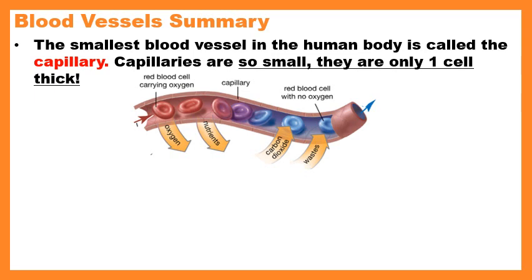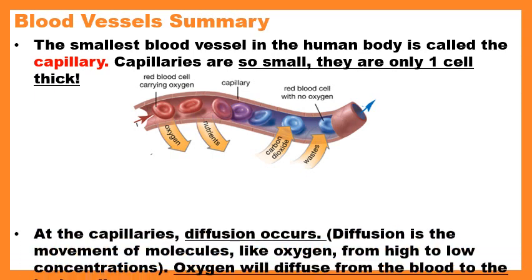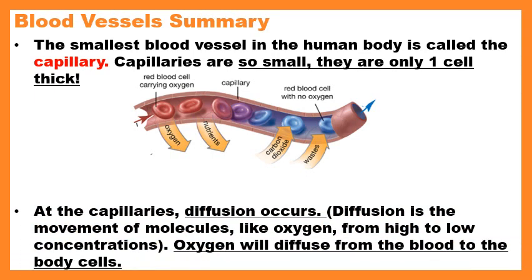And if we look at this picture from yesterday, we see that we have our red blood cells in a nice single file line. And again, that's not because they're very good listeners, but because they can't fit any other way because the capillary is so narrow. So they have to go single file. So at the capillaries, diffusion occurs.